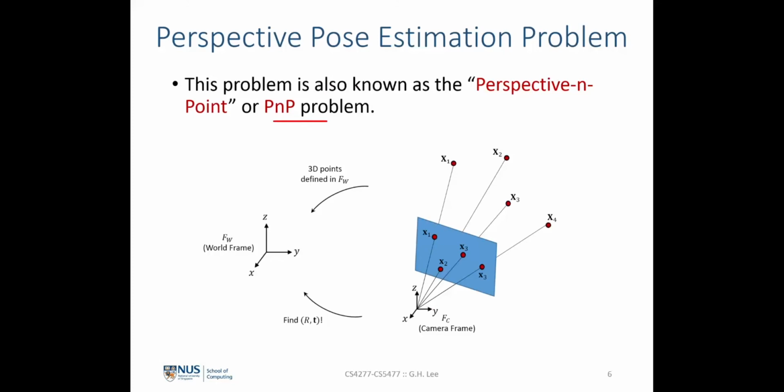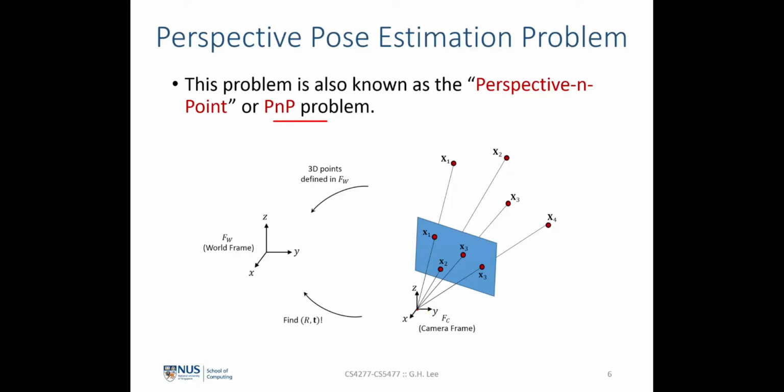And the reason why it's called the perspective n-point problem is because in this particular case, we're looking at the camera model where it's a projective camera model where all the light rays simply converge to the camera center, a single point of convergence.